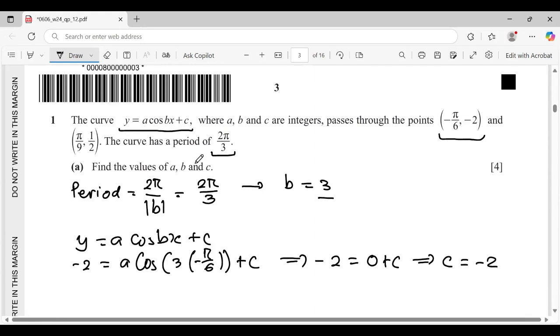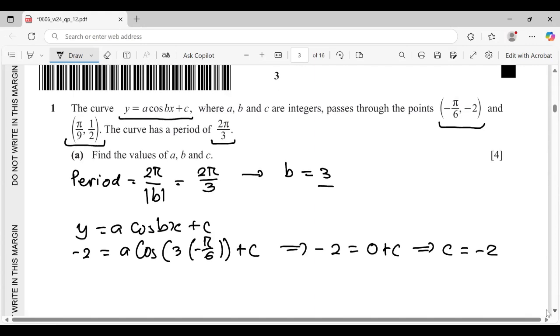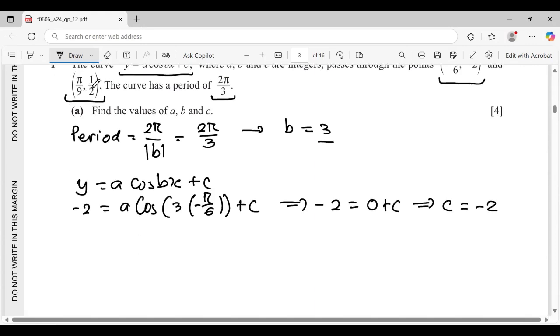And this curve passes through the coordinate point pi over 9 and 1/2. So if we substitute into this equation, it becomes 1/2 equals a cosine 3 times pi over 9, minus 2, because c equals minus 2.